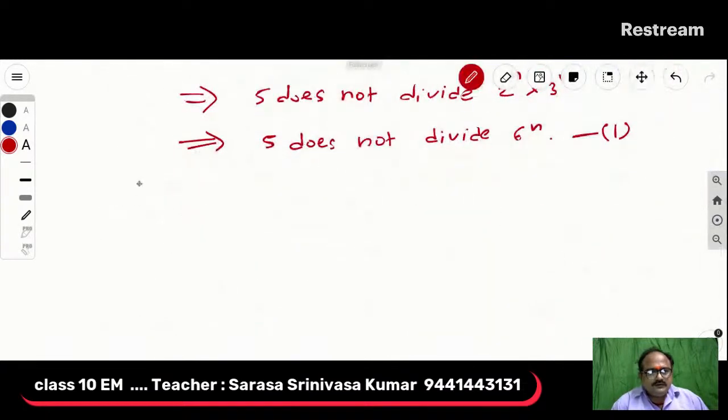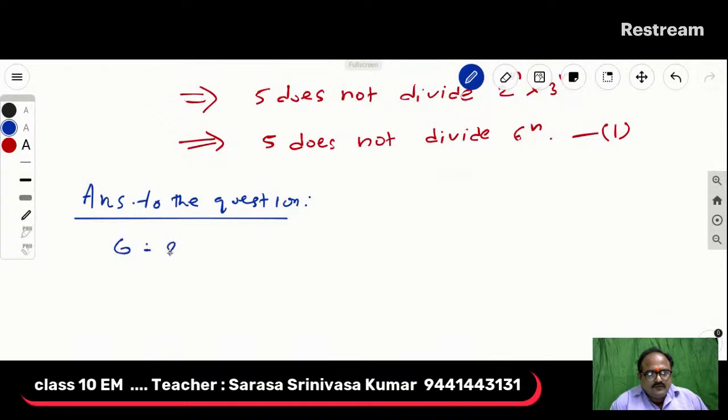Now this is the answer to the question. 6 equal to 2 multiplied by 3, and 6 to the power of n equal to 2 multiplied by 3, whole to the power of n, that equals 2 to the power of n multiplied by 3 to the power of n.